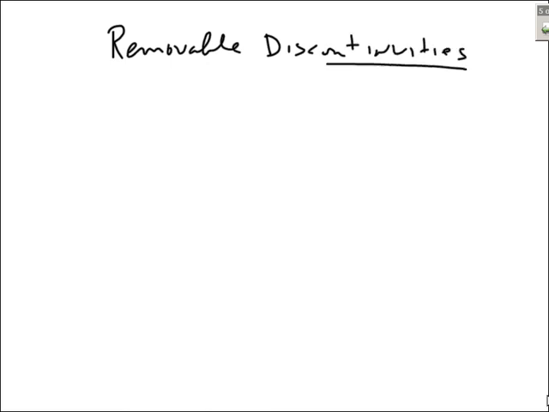Now, I guess at this point we should talk about removable discontinuity. Removable discontinuity.